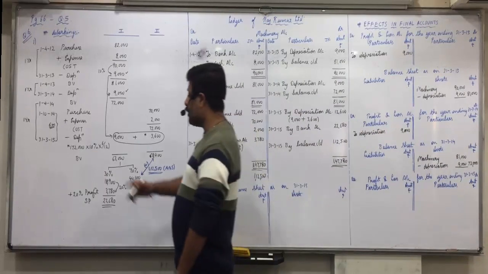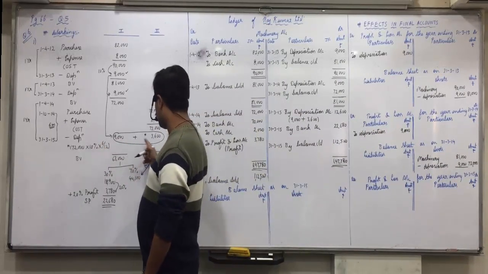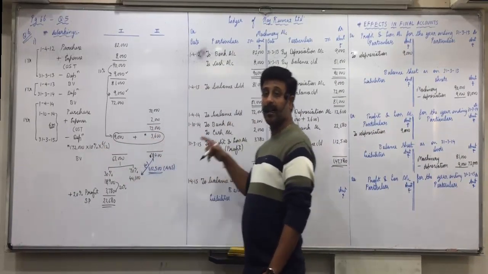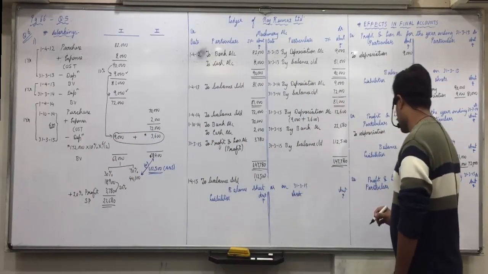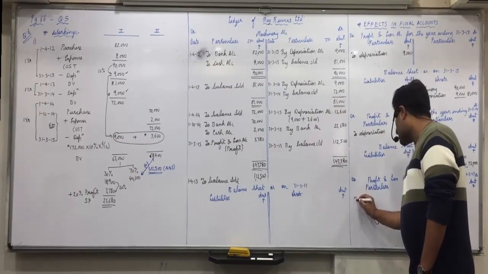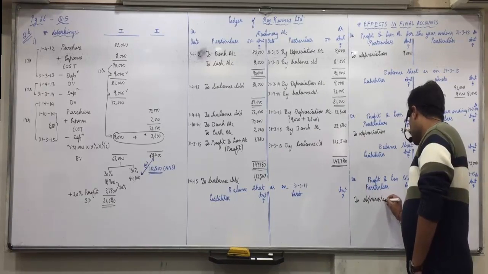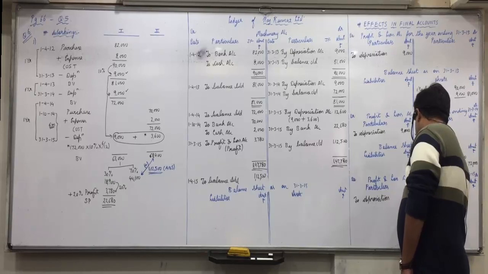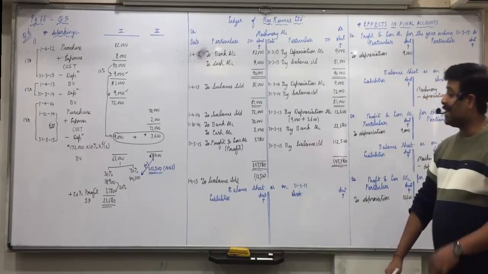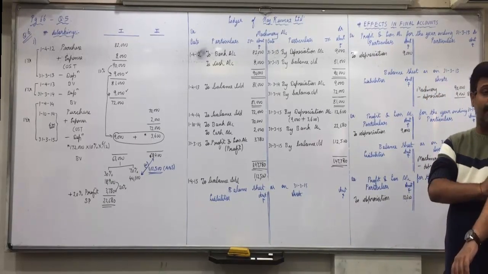Third year, if you see the depreciation amount is 9,000 plus 3,600, 12,600 total depreciation. So in profit and loss account, to depreciation, but amount will be 12,600. And as I told you, debit you will add and credit you will minus.